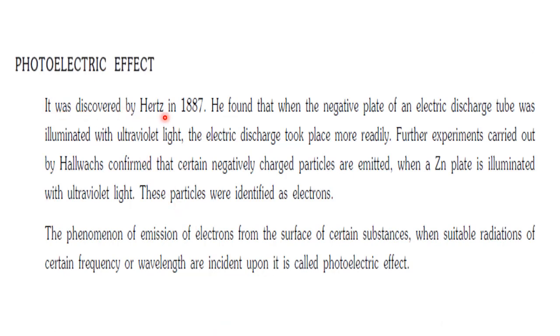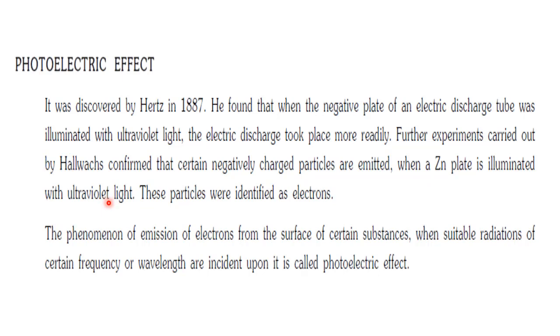It was discovered by Hertz in 1887, rather it was observed. He found that when the negative plate of an electric discharge tube was illuminated with ultraviolet light, the electric discharge took place more readily. Further experiments carried out by Hallwachs confirmed that certain negatively charged particles are emitted when a zinc plate is illuminated with ultraviolet light, and these particles were identified as electrons.